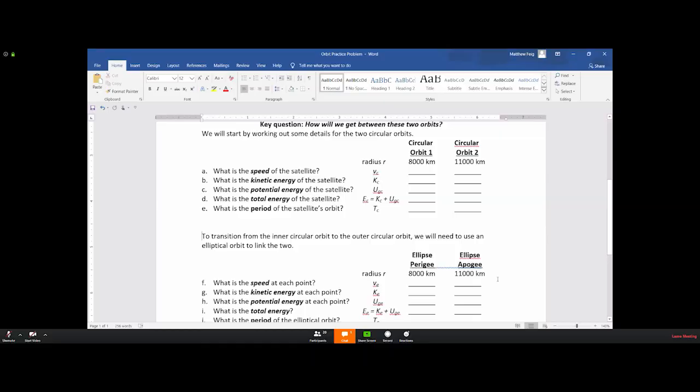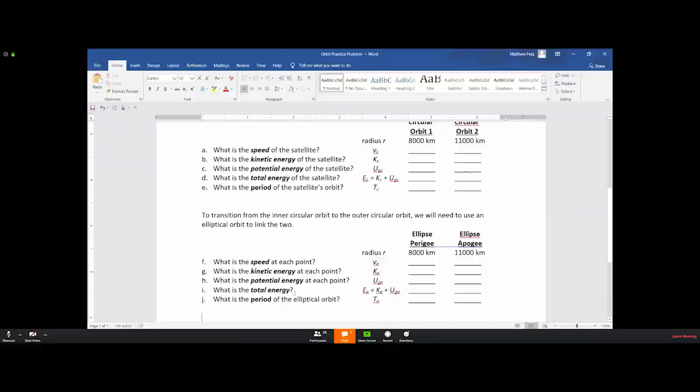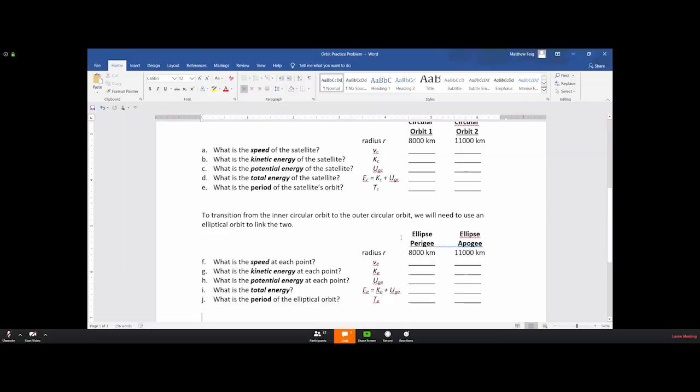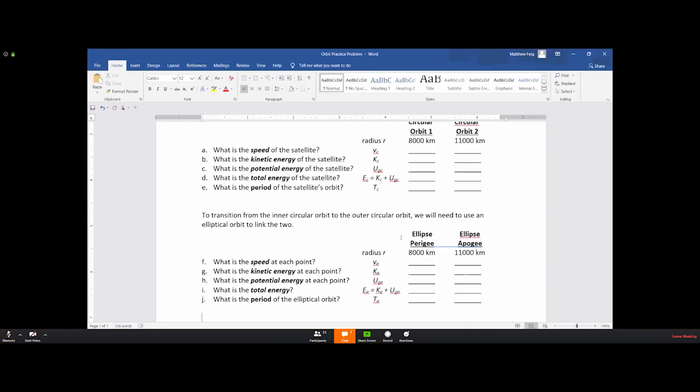For total energy and for period of the elliptical orbit, it does not distinguish between points, because the total energy doesn't change as you go around any orbit. So the total energy isn't one value at perigee and another at apogee. It's just the whole thing.